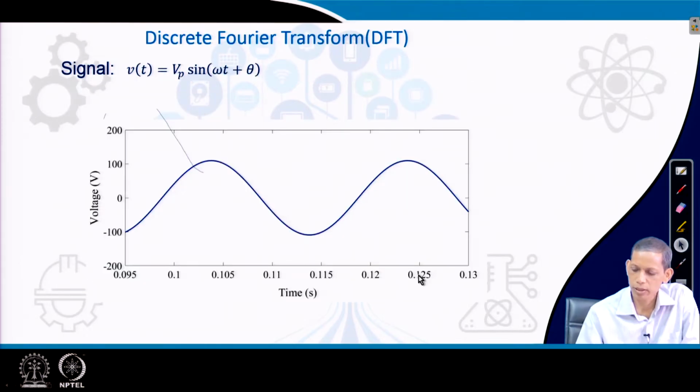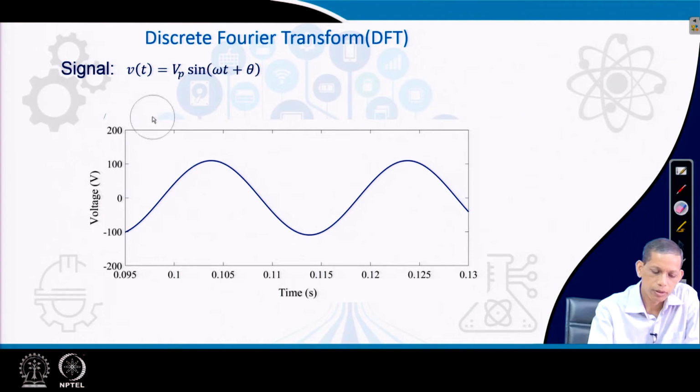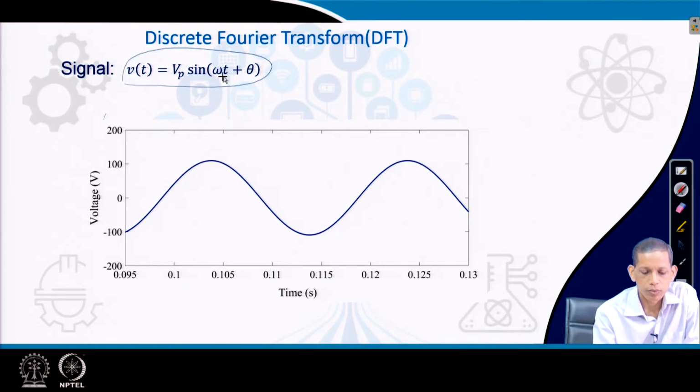Now, let us see this signal. It is represented as V of t equals Vp sine of omega t plus theta, with omega the angular speed, the corresponding sinusoidal signal.